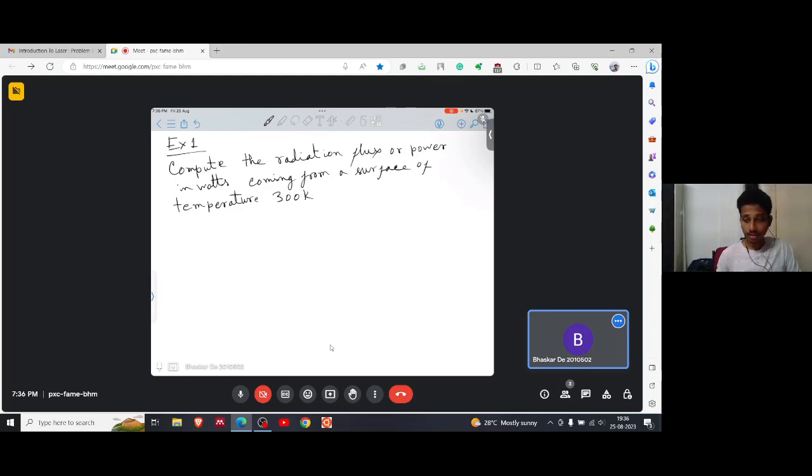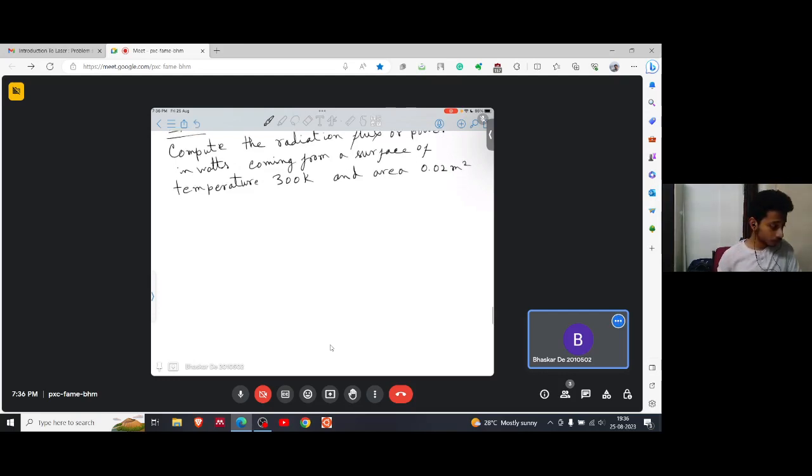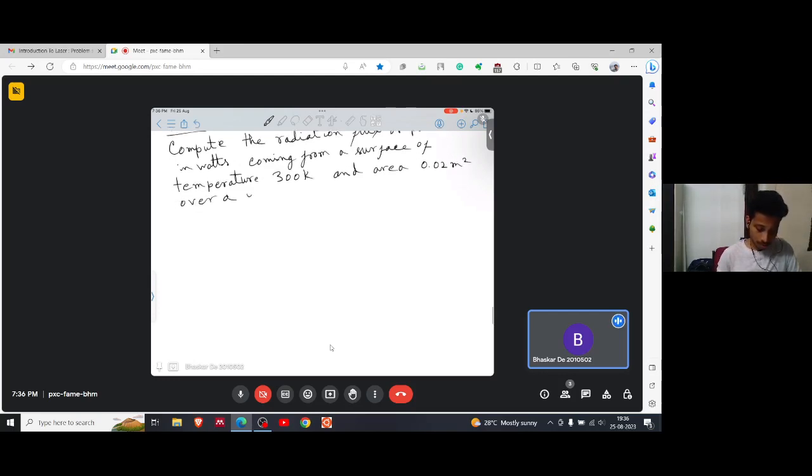So this is basically the calculation near room temperature, and area 0.02 meter square over a wavelength interval of 0.1 micrometer at a wavelength 1.0 micrometer.